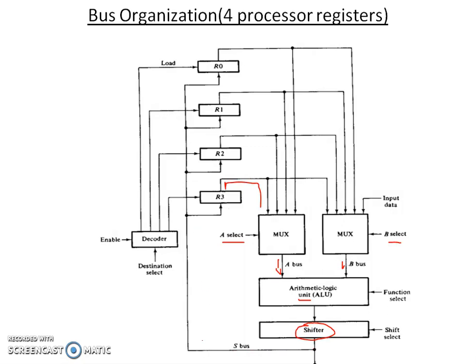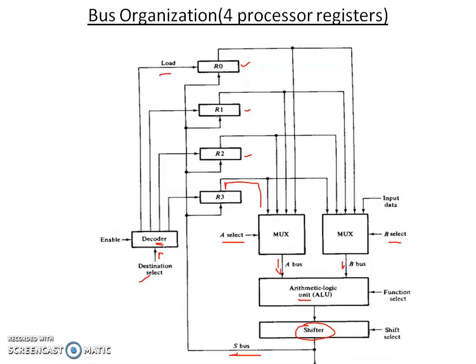So the S bus will have the result, and the decoder, when it is enabled, selects the destination. Some select signal is there in order to select the destination. Once the decoder is enabled and the destination is selected, a load is initiated to the register.